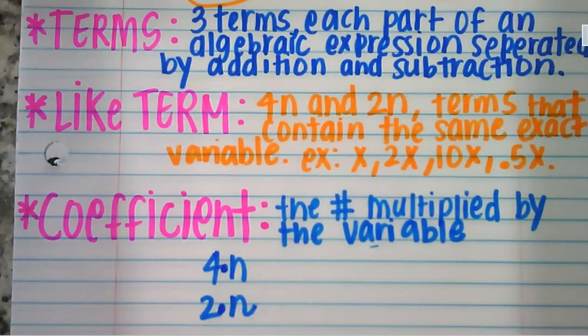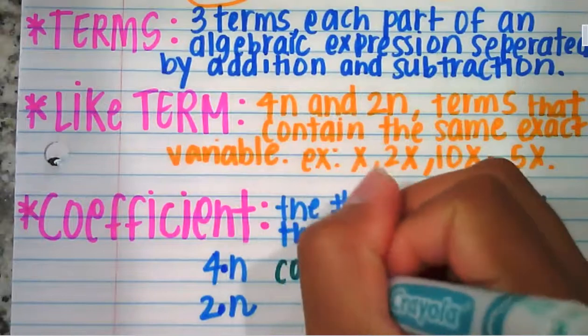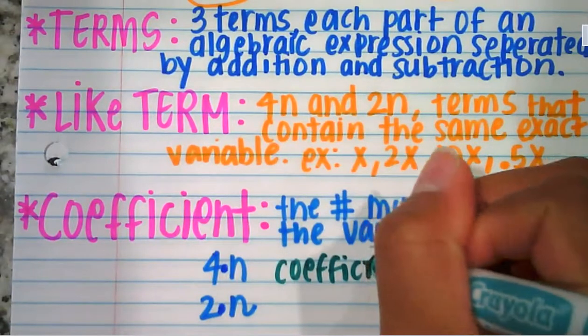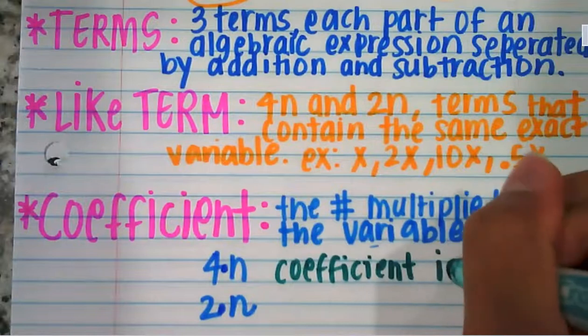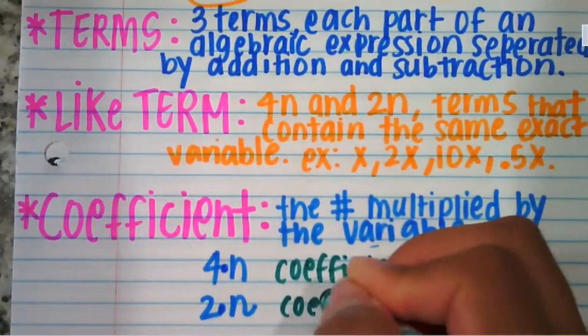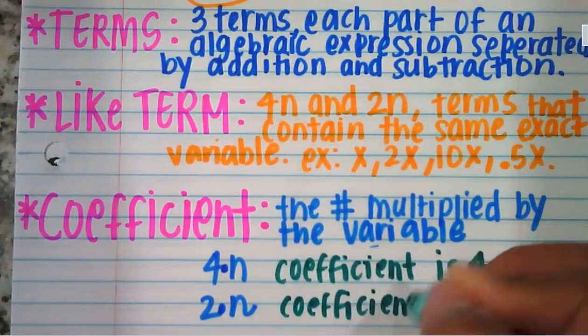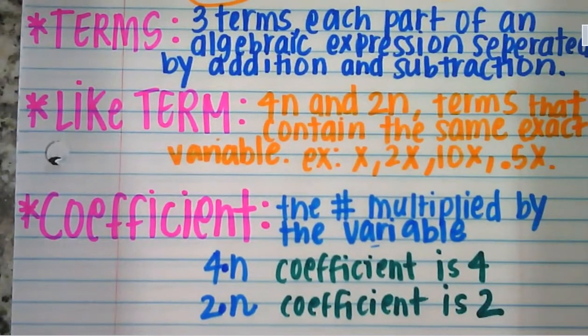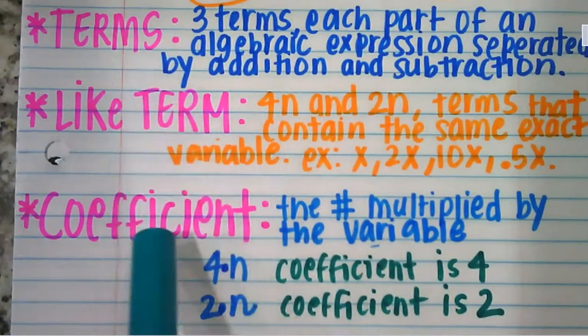So the coefficient, the number being multiplied by the variable, in 4n is 4, the number being multiplied by the variable n, and in 2n, the coefficient is 2. I hope you are writing these good notes with me as I write them on my paper. So we have 3 different vocabulary words: terms, like terms, and coefficient.